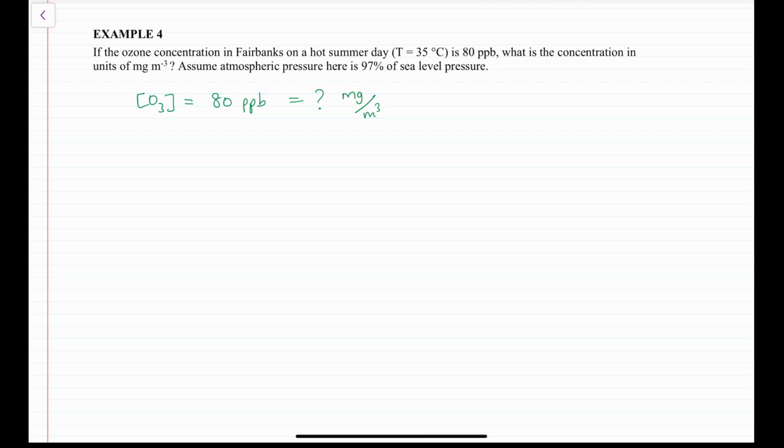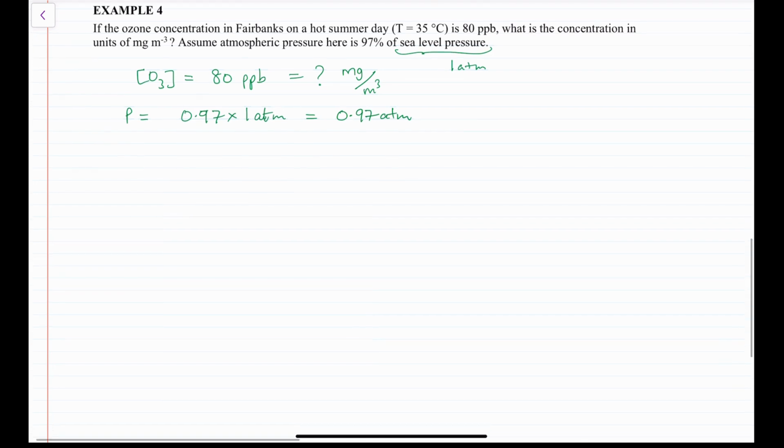And it says assume the pressure is 97% of the sea level pressure. Well, the sea level pressure is actually 1 atmosphere. So we can say the pressure here is 0.97 into 1 atmosphere, which is 0.97 atmospheres.